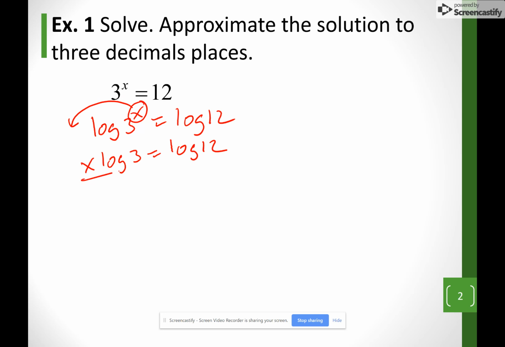To get x by itself, let me divide both sides by log of 3. So I have that x is equal to log of 12 divided by log of 3. Do not simplify the 12 into 3. Just type that in, log of 12 divided by log of 3.